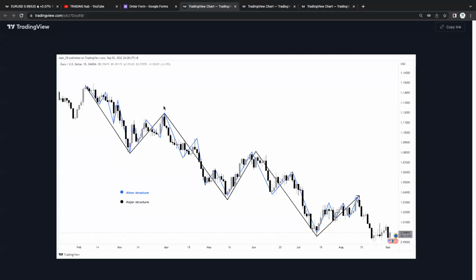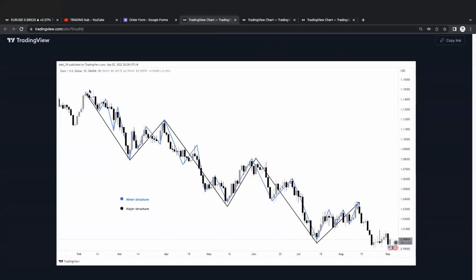EUR/USD 1 day time frame. Okay, major structure. At this point, if you can see here, where you marked the major structure, if I'm marking the top of the structure, high is here, and low is here as per your structure. And in this case, this one is not our pullback.